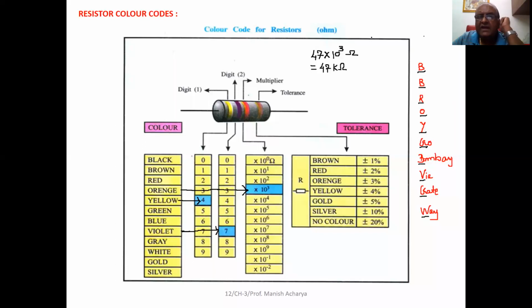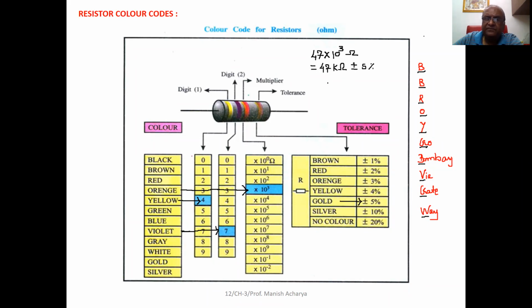The fourth band is for tolerance. Here the fourth band is gold. The tolerance related to gold is plus or minus 5%. So here we can write plus or minus 5%.